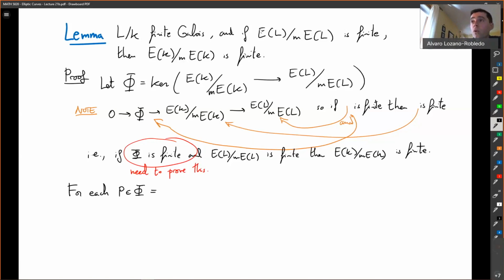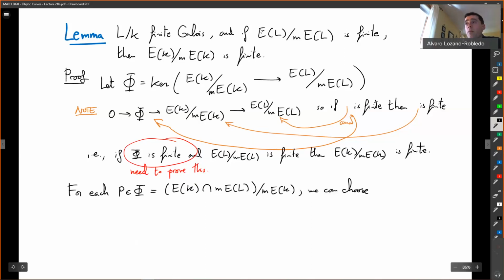So the kernel are precisely points in E(K) intersect things that are multiples of M over L, modulo M multiples over K.